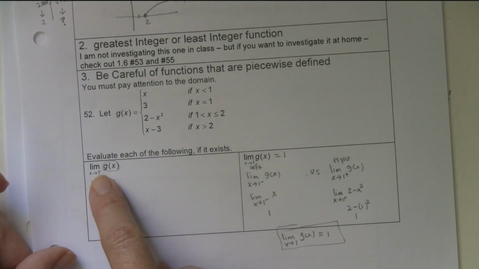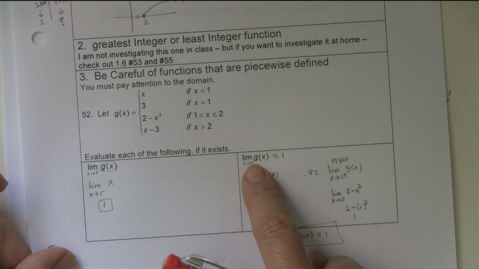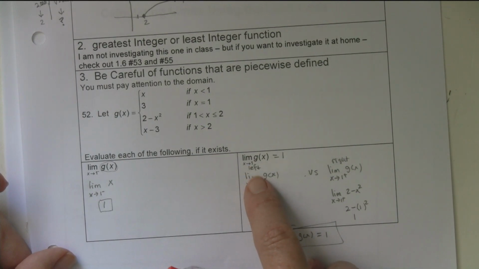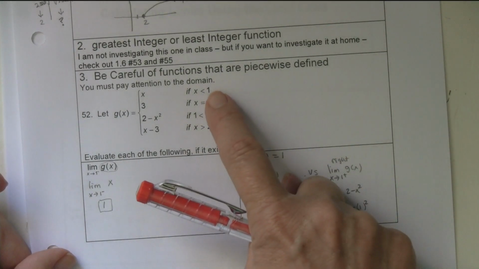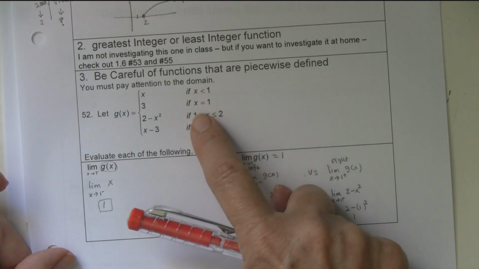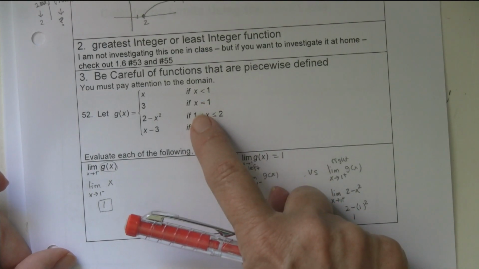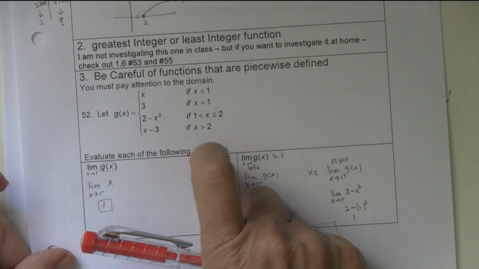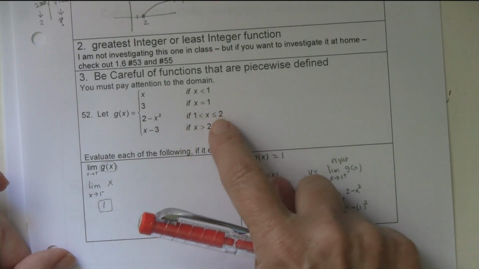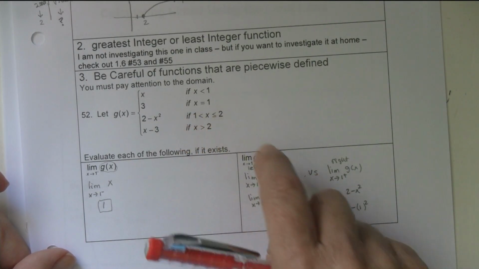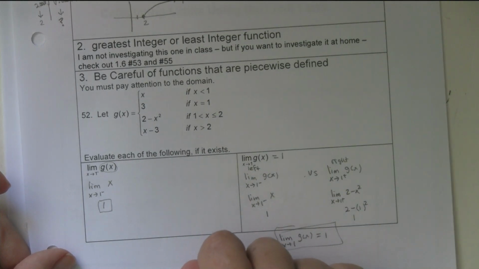When I was nearing 1, I had to be careful that there was a left piece and a right piece, because 1 was on the endpoint of 2 pieces. It was the divider between 2 pieces. I have to also be careful with 2. But any other number I won't have to be as careful with.